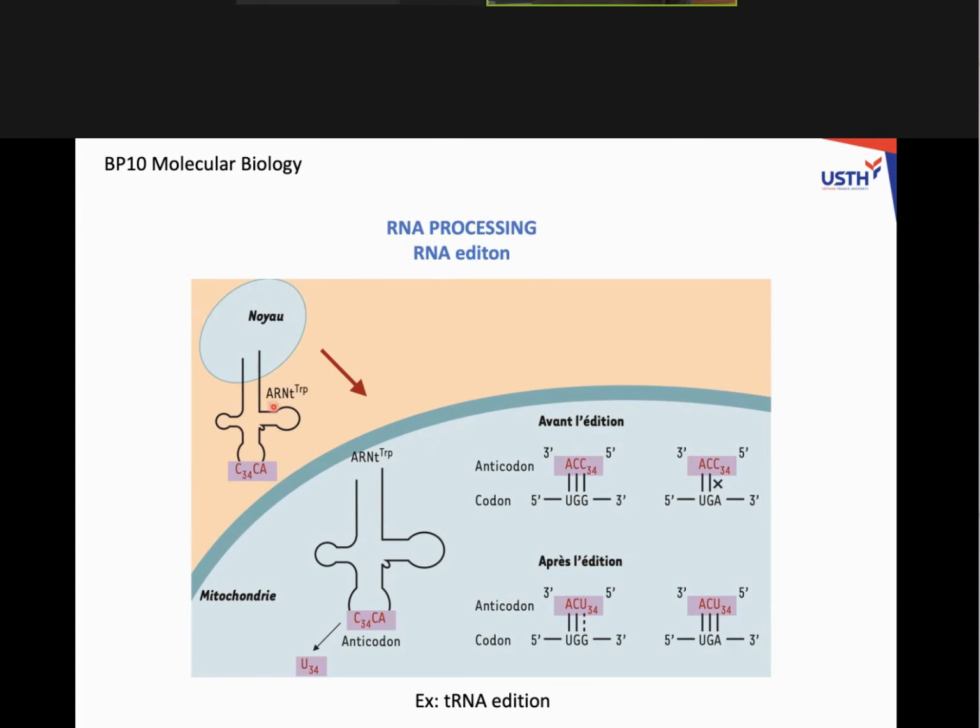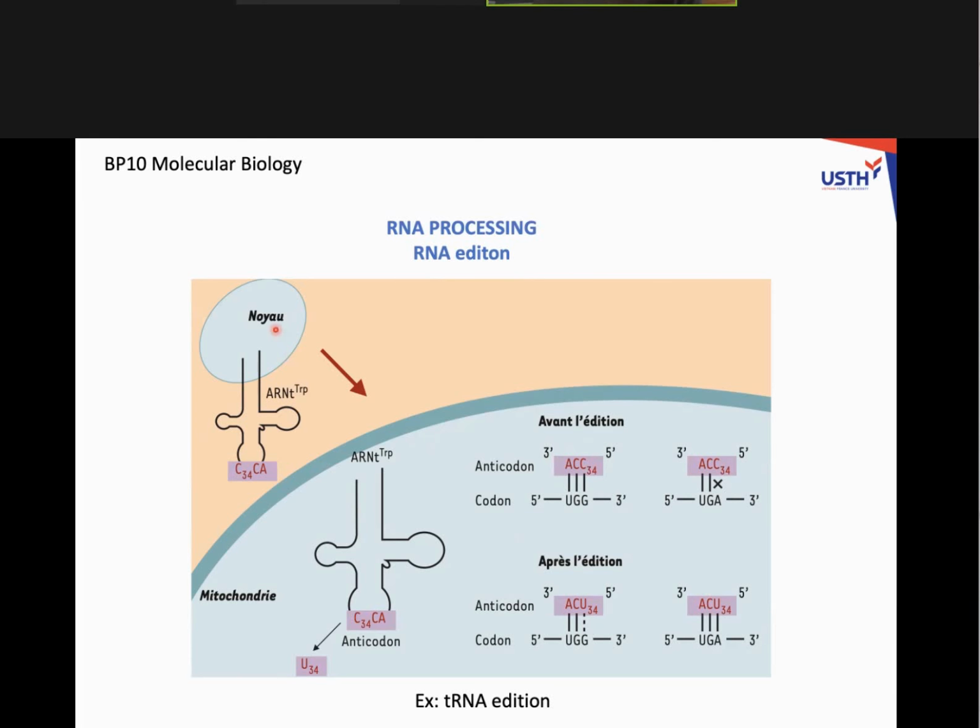But instead of producing another tRNA with a different anticodon, so in that case, it is UCA and not CCA, because the C can be converted to a U, okay, chemically. I mean, it's by an enzyme, but it's not during transcription.